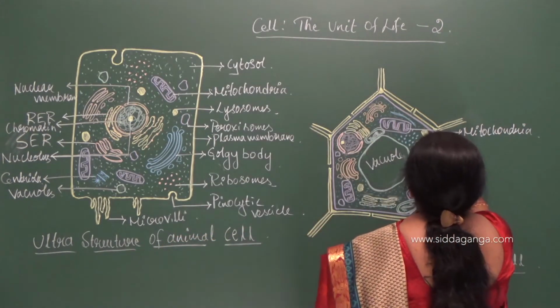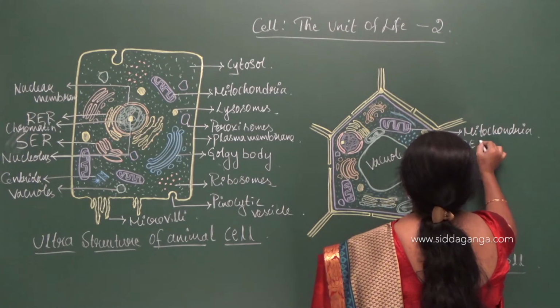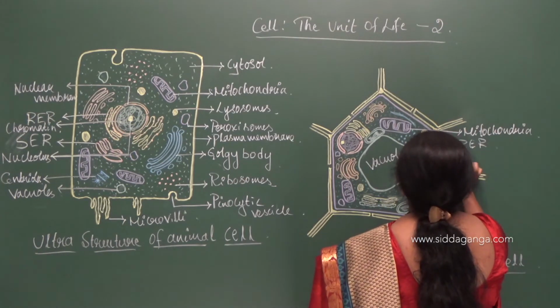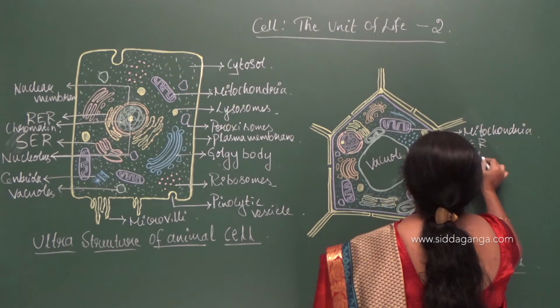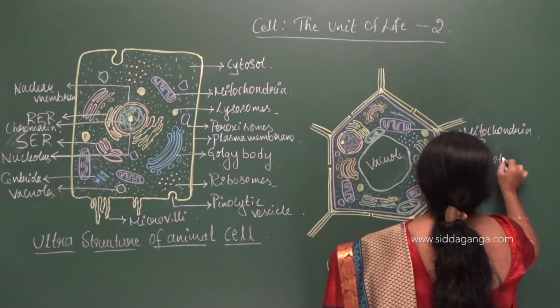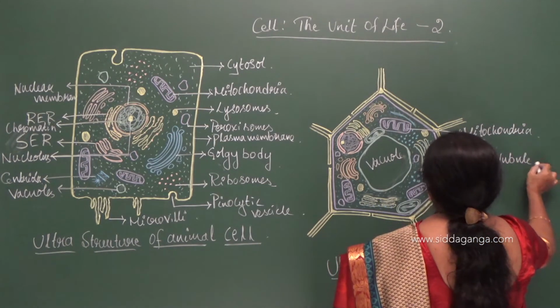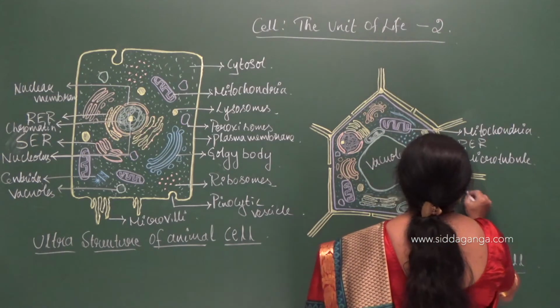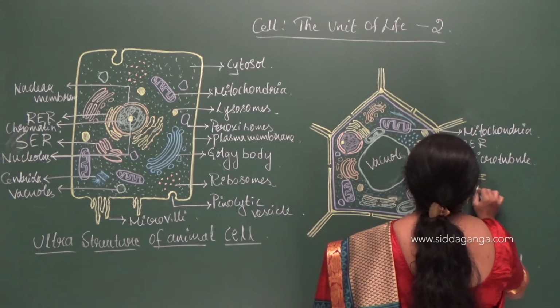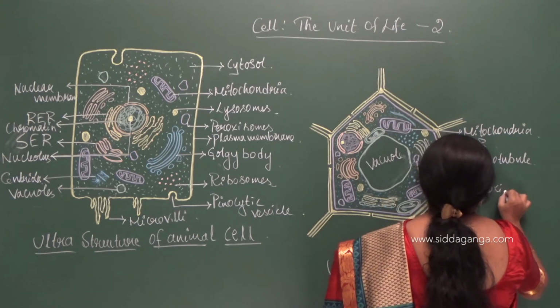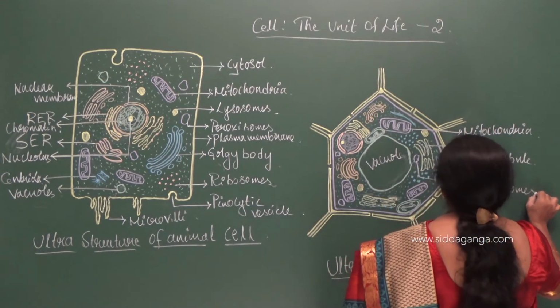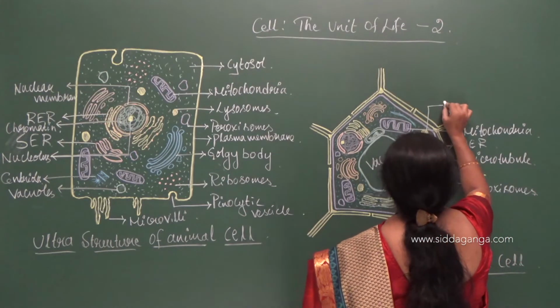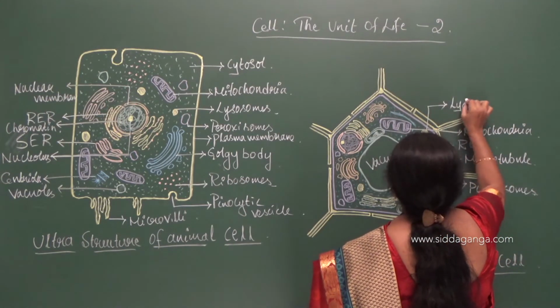So this is RER, rough endoplasmic reticulum, microtubule. So these are peroxisomes. These are lysosomes.